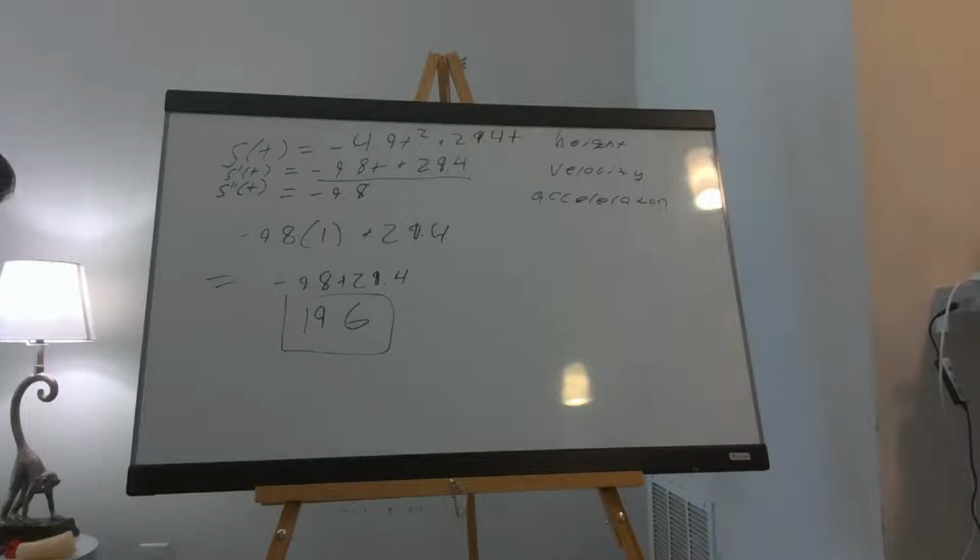I'm pretty sure this is as much physics as you'll ever see on one of these tests. This is as complicated as it gets. If they give you something for height, take the derivative once, get the velocity, take the derivative twice, get the acceleration, and then for all of the other problems, it's just a matter of plugging in a value for t.